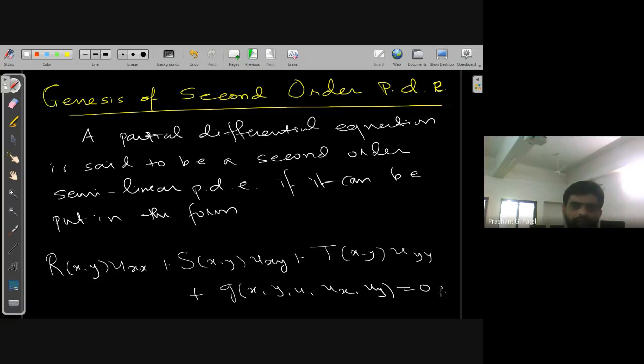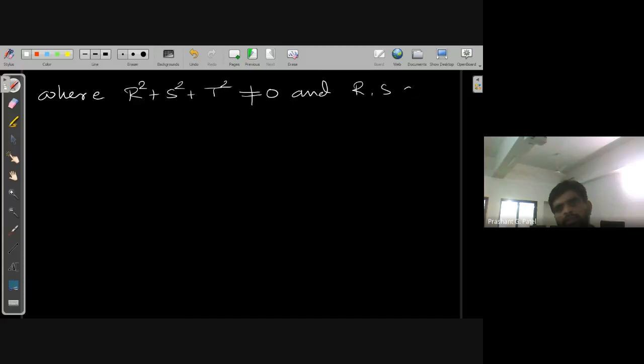So where r square plus s square plus t square is not equal to 0, and r, s and t are continuous functions of x and y.